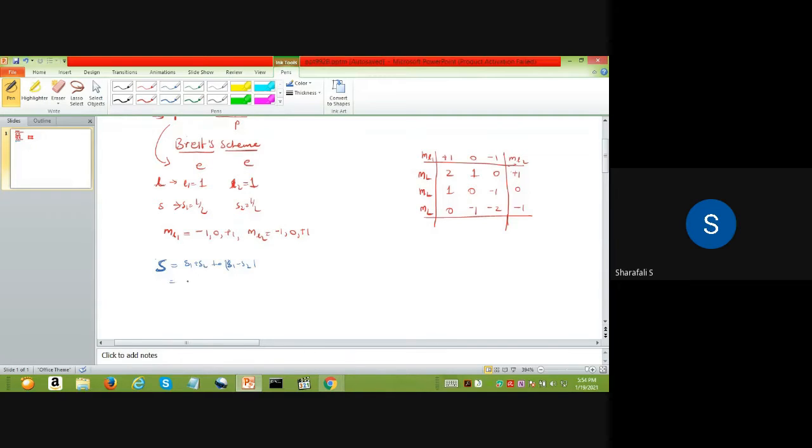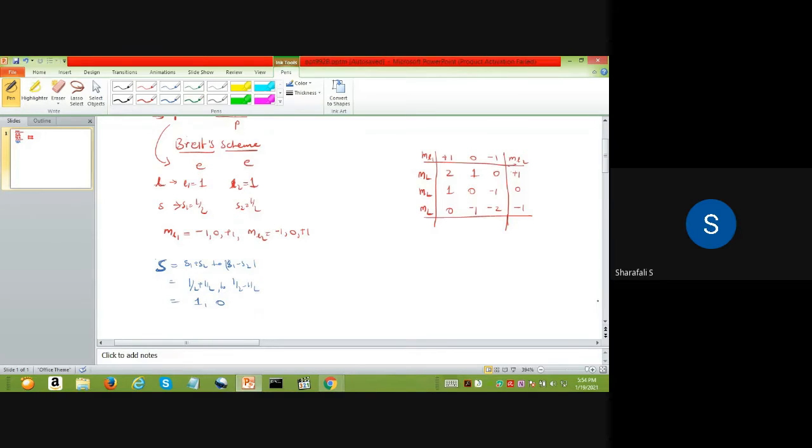S1 plus S2 is half plus half, which is 1. In the next case, half minus half gives 0. So the S values are 1 and 0.